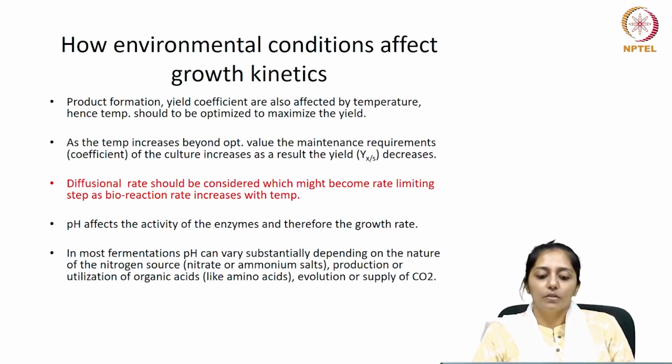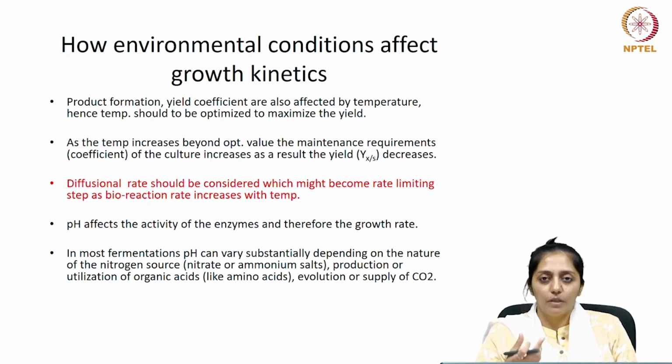So now, how do environmental conditions affect growth kinetics? Product formation and your yield coefficient are also affected by temperature, and hence temperature should be optimized to maximize the yield. As the temperature increases beyond the optimum value, the maintenance requirements, and therefore the maintenance coefficient of the culture, increase. As a result, your Yx by S, which is your yield coefficient, starts decreasing.